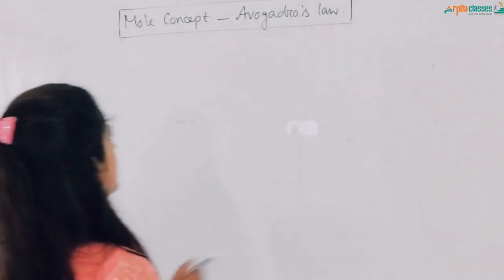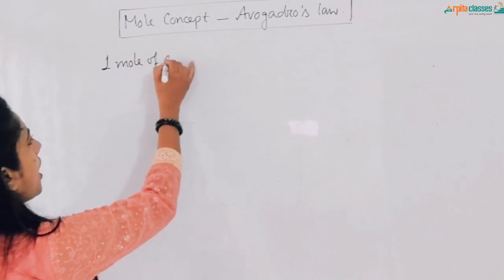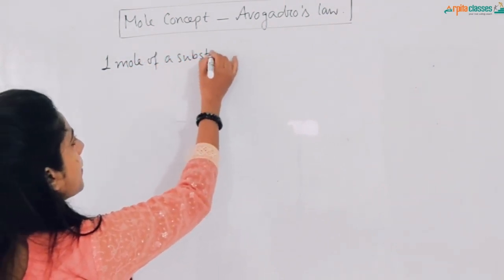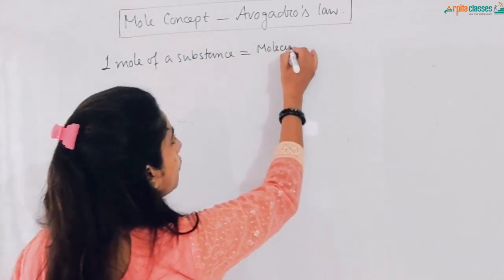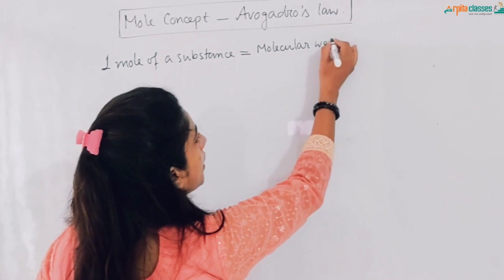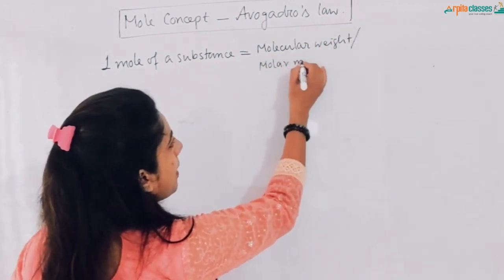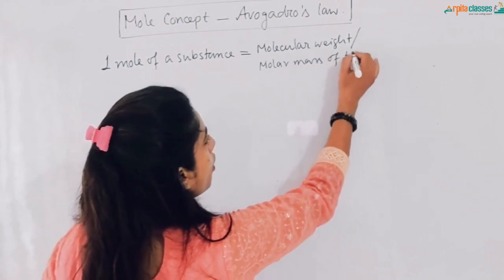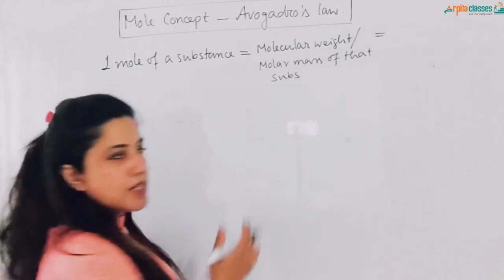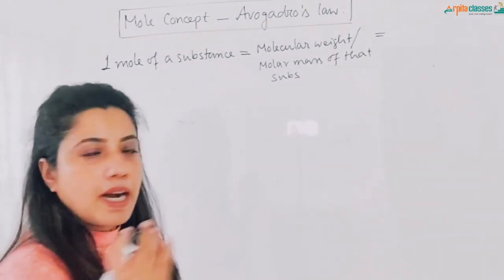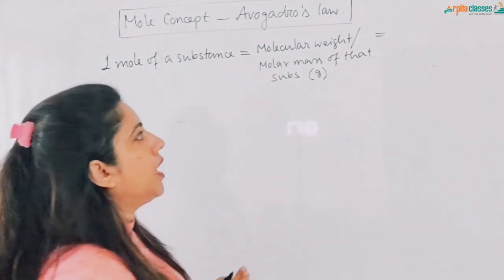So we need to remember this relationship that 1 mole of a substance is equal to the molecular weight, or the other name for molecular weight is molar mass of that substance. As you know, molar mass is always expressed in gram, that means 1 mole can be expressed in gram.